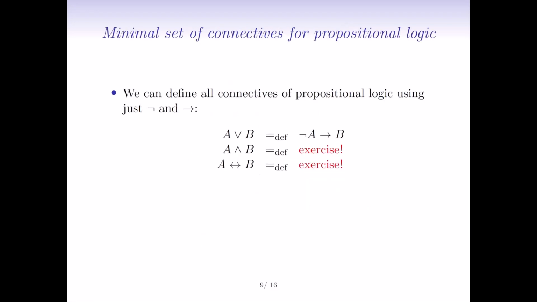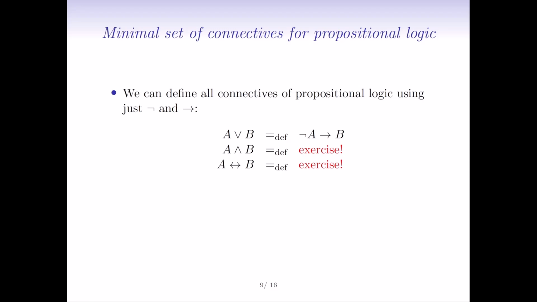So here's something which is really just a quick remark or observation. Although propositional logic, the way we've defined it, has proposition letters and then negation, conjunction, disjunction, implication, and bi-implication as its connectives, we actually don't need all of those connectives, strictly speaking, in order to define all the fundamental concepts of propositional logic.